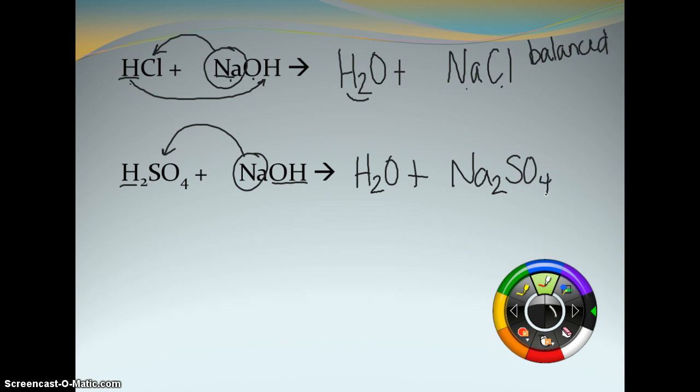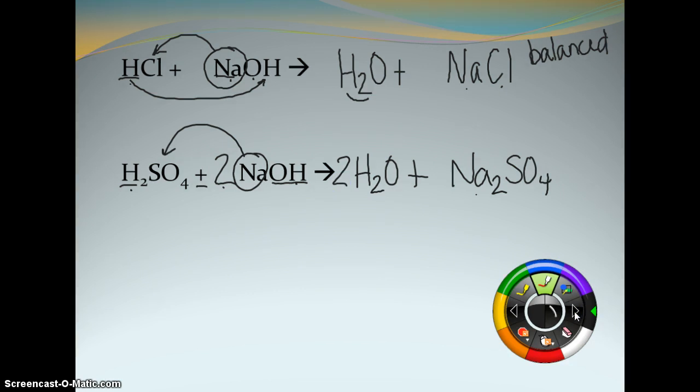Now you need to balance, and we have 2 sodium here, so if we put a 2 here, that fixes our sodium. Now we have 2 times 1 is 2, plus 2 is 4, so we're going to have to put a 2 there, and that should balance everything else out.